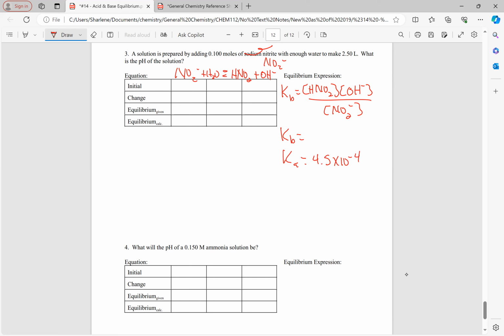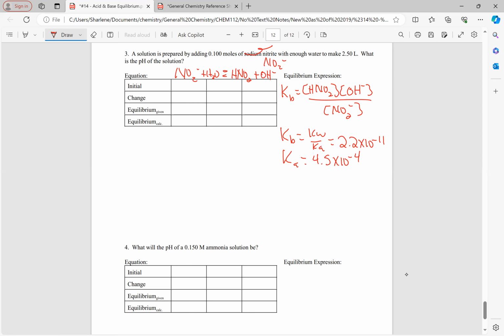And if you want to get the Kb, it's Kw divided by Ka. So my Kb is 2.2 times 10 to the minus 11th. Checking it again, 2.2 to the negative 11th.